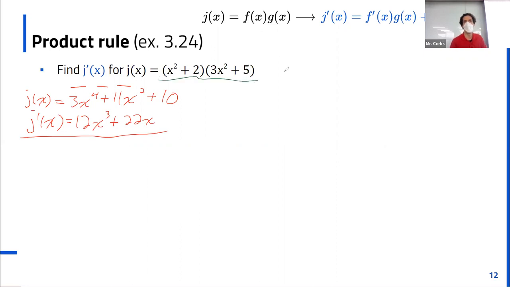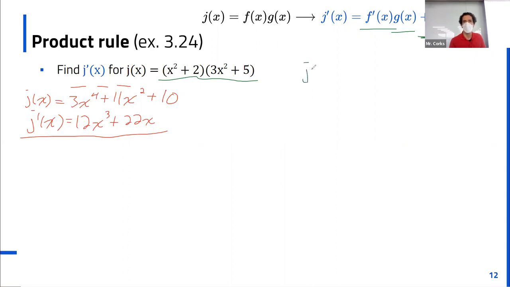Product rule says if we have two things multiplied together, then the derivative would be the derivative of the first part times just the original second part, and then the original first part times the derivative of the second part. And then you add them together, and that will be the derivative. So we'll just do this one together here.